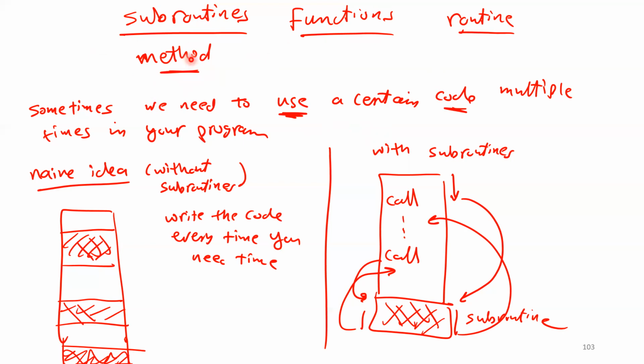But anyway, these are just different names for the same thing. I myself usually use the word function, routine, or subroutine. So if I say routine or subroutine or function, they are the same thing. Okay. So what does this mean? Okay, I can do it next time. Okay, guys, thanks.